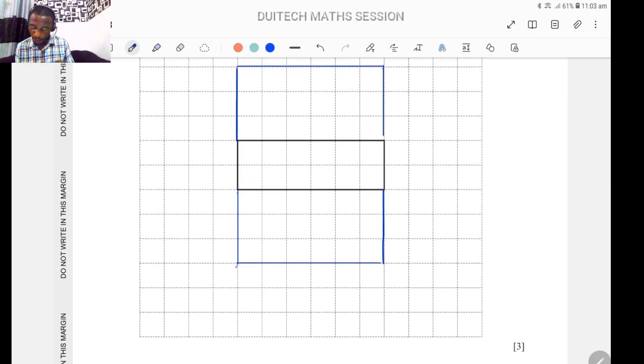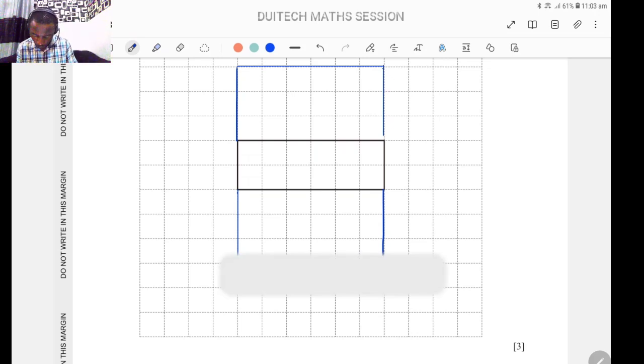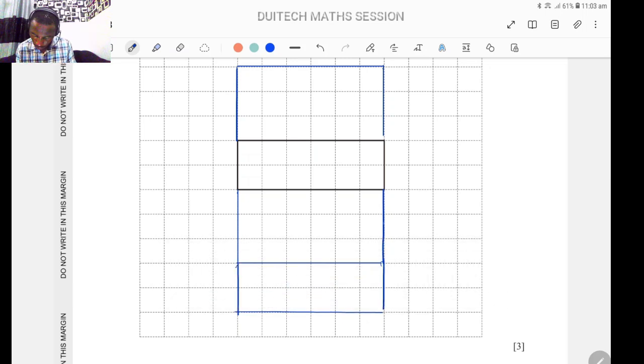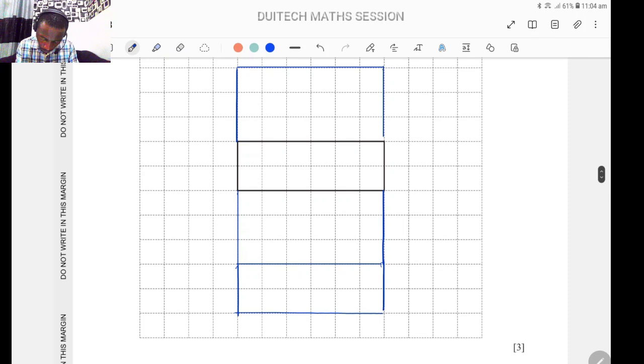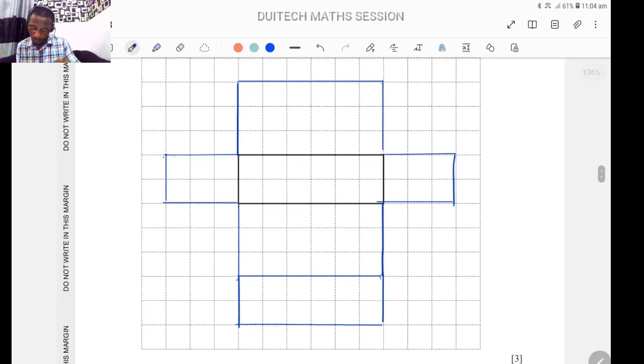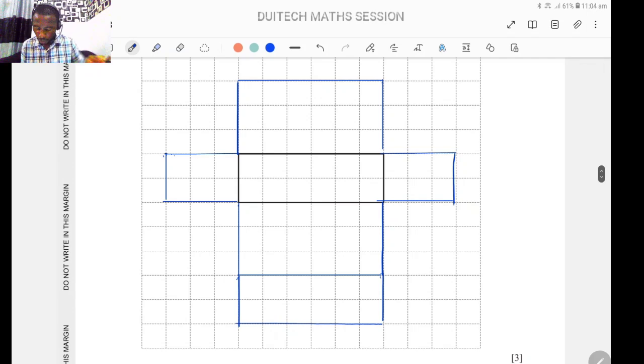Now the next one is the cover, which is 2 centimeter, because this is the base. Then finally the side to cover it is 3 centimeter, because that's the height. So we have been able to cover it.